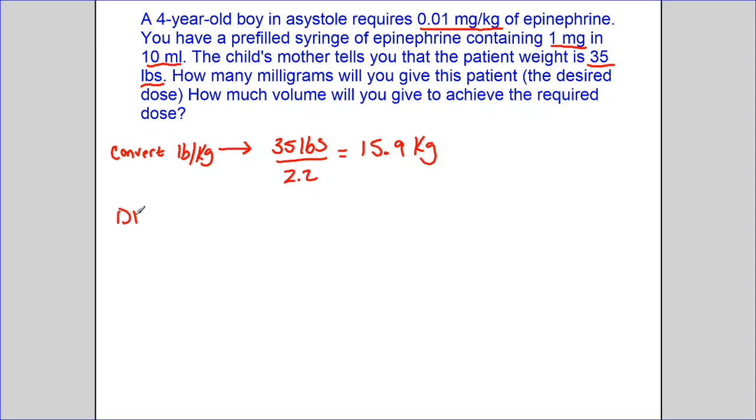So we're going to finish up the desired dose here. We're going to take 15.9 kilograms and multiply that by 0.01 milligrams epi. Let's do the math. 15.9 multiplied by 0.01 is going to give us 0.159.